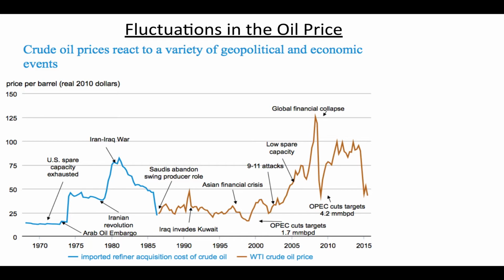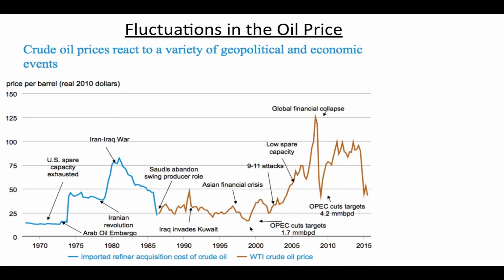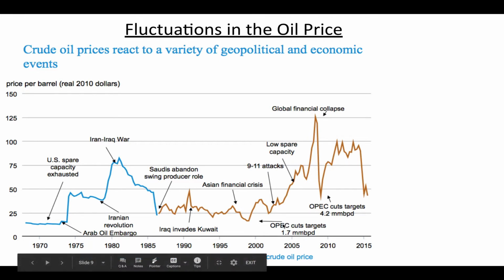Well, if people are losing their jobs and companies are shutting down, they're using less energy. And as they stop commuting to work or driving around, they stop transporting goods, keeping shops open, the amount of energy required falls. And that decrease in demand can lead to a fall in the price of oil. Down here, you've got OPEC cutting targets.